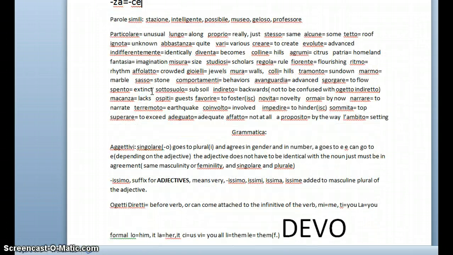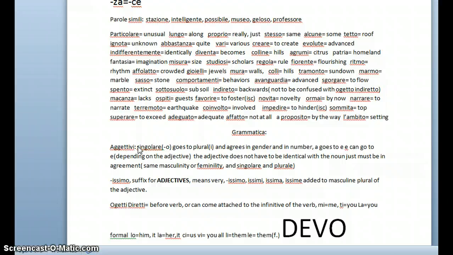And also we'll cover la grammatica generalmente, generally grammar, and aggettivi, like adjectives. Singular O goes to plural I, and E can go to E dependent on the adjective. The adjective agrees in gender and number. It does not have to be identical with the noun, just must be in agreement, the same masculinity or femininity, and singolare and plurale.